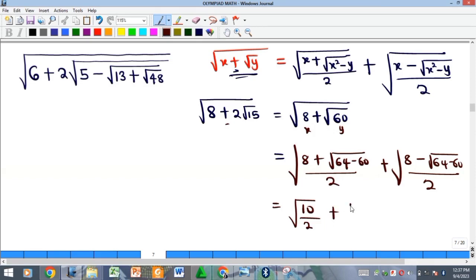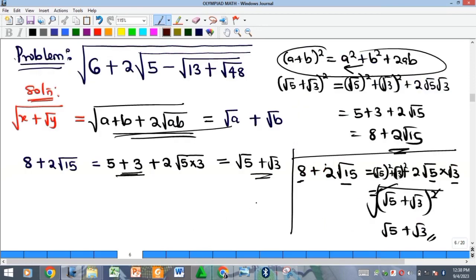So we now have plus the square root of, in this case, here is also 4. Square root of 4 is 2. 8 minus 2 is 6 all over 2. And so you will see that we are going to get the square root of 10 over 2 is 5, plus the square root of 6 over 2 is 3. And that's exactly the same thing we got here when we used all of these methods.